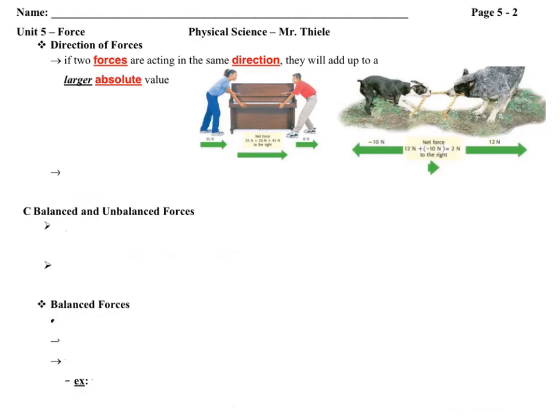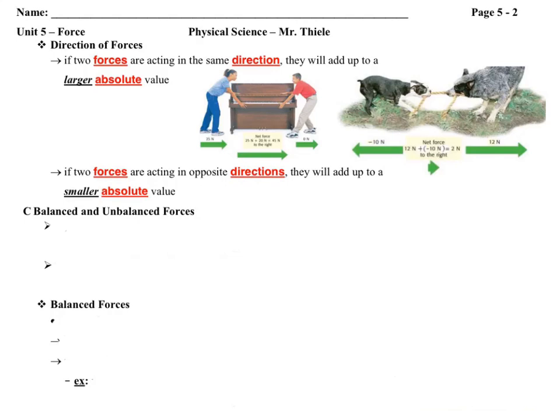So negative 30 would be a smaller true number than negative 15, but it's a larger absolute value. Okay. Now, if we have two forces that are acting in opposite directions, what can we say about the absolute value of the net force? The absolute value of the net force would be a smaller number. And that's the examples that we see here with the two kids pushing the piano, where one's pushing, one's pulling the piano.